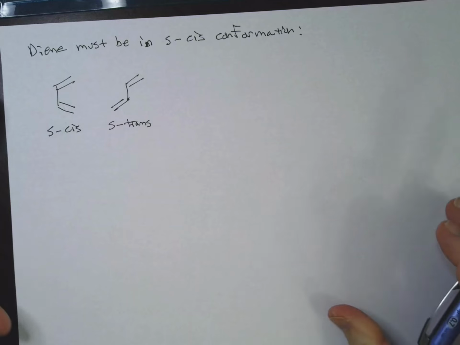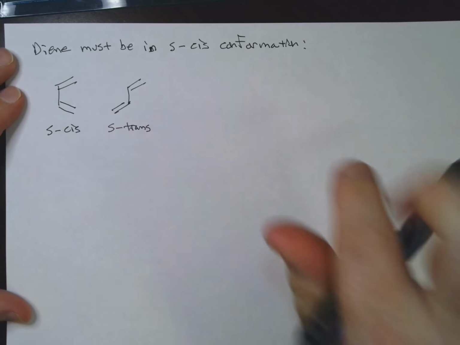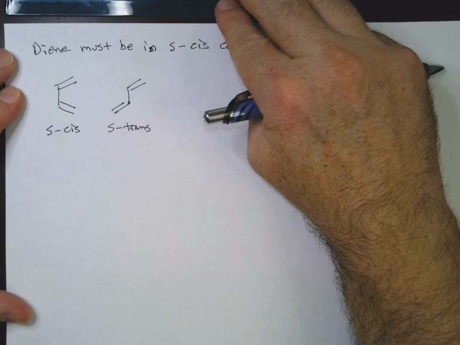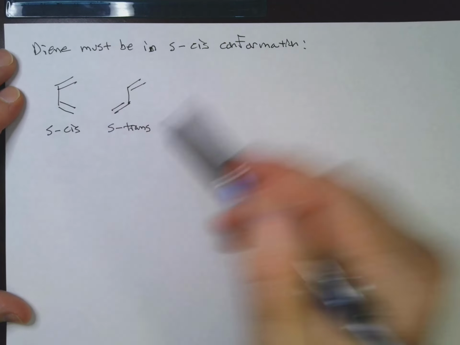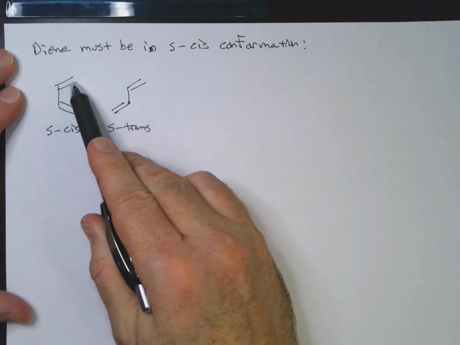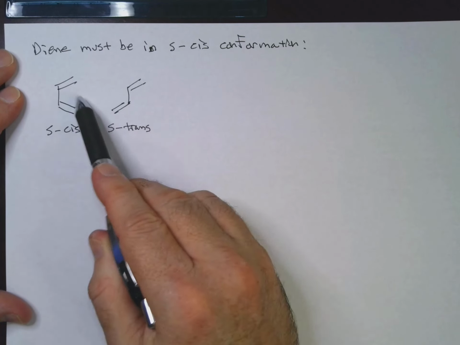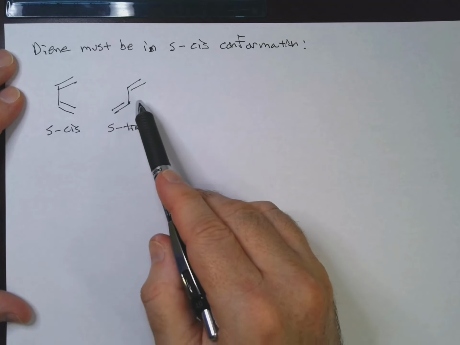Okay, now obviously 1,3-butadiene does not have cis or trans because the alkenes are terminal here, but we can orient it in this S-cis conformation. And this is what we need in order to get the reaction.